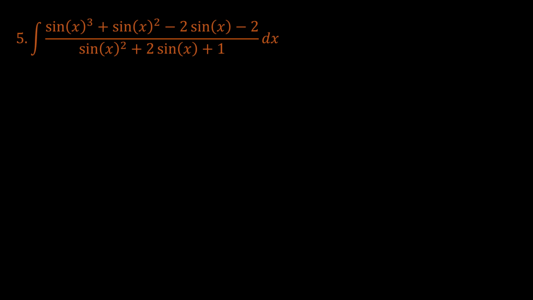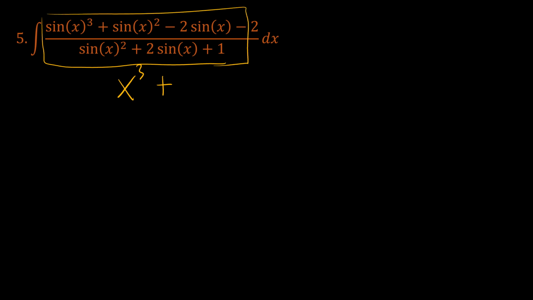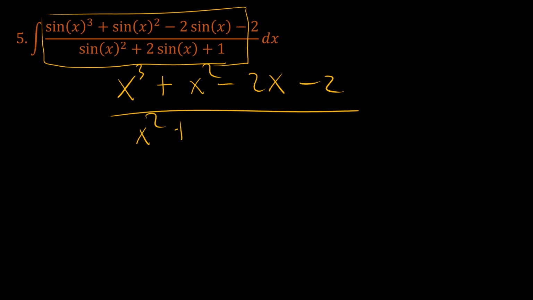Personally, we're not going to do substitution, but we're just saying that where sine x is, let's just use a placeholder of capital X. So we have a fraction like this to represent our integrand: X cubed plus X squared minus 2 capital X minus 2 over X squared plus 2X plus 1, right?